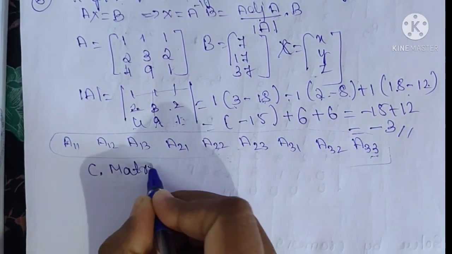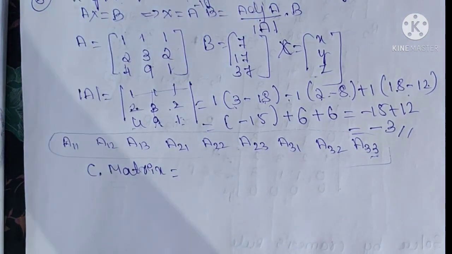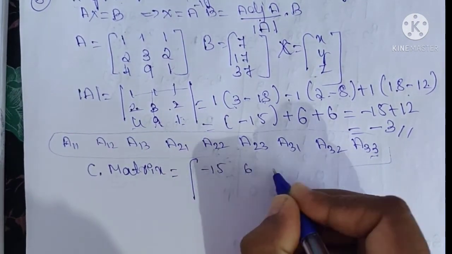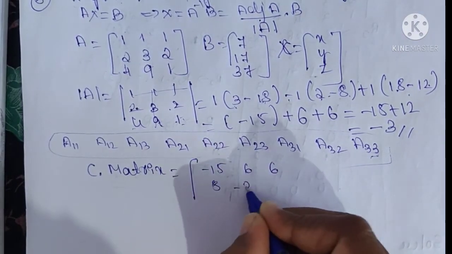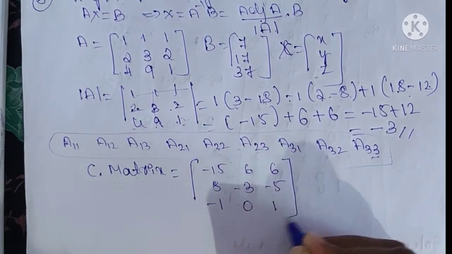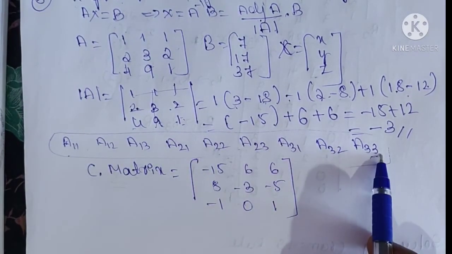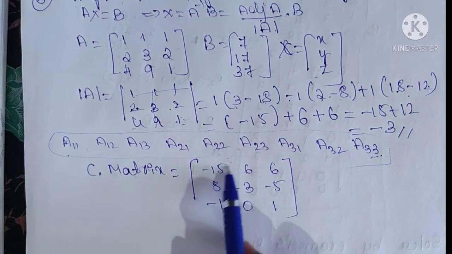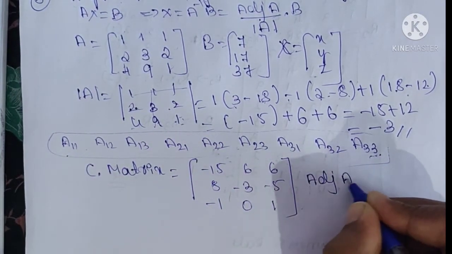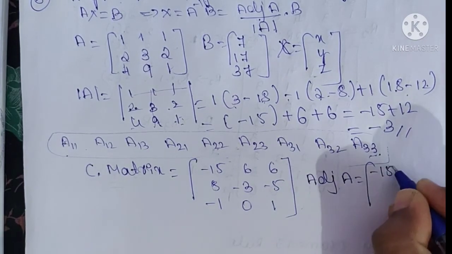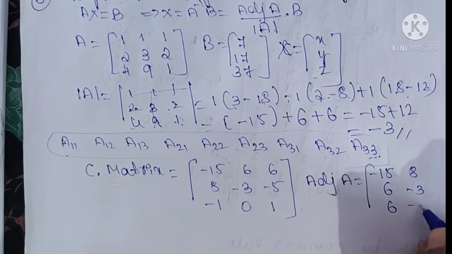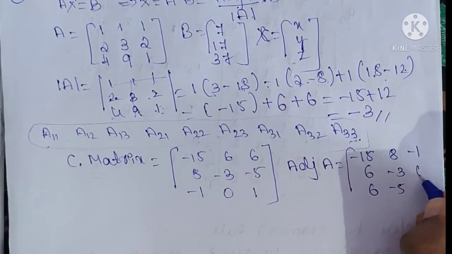Here I am writing the cofactor matrix directly: minus 15, 6, 6, 8, minus 3, minus 5, minus 1, 0, 1. This is the cofactor matrix. If you simplify all these 9 elements, you will get this matrix. Take the transpose of this matrix. Adjoint of A is equal to minus 15, 8, minus 1, 6, minus 3, 0, 6, minus 5, 1.